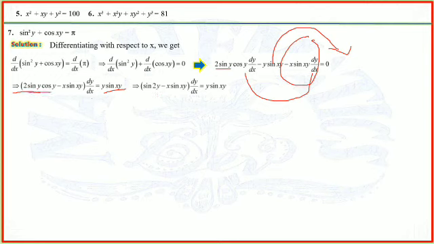2 sine theta cos theta is equal to, by the trigonometric formula, sine 2 theta.